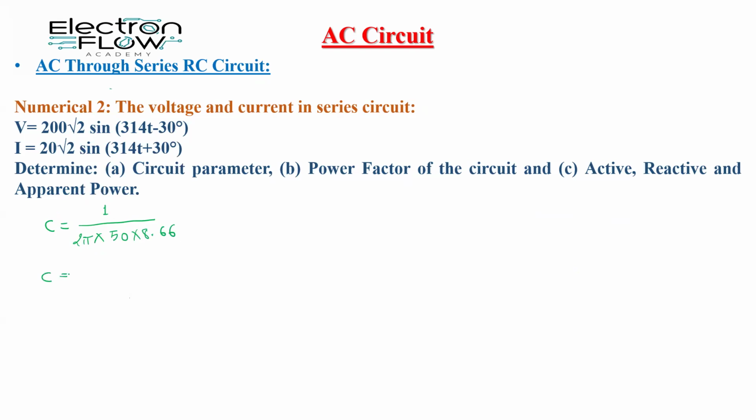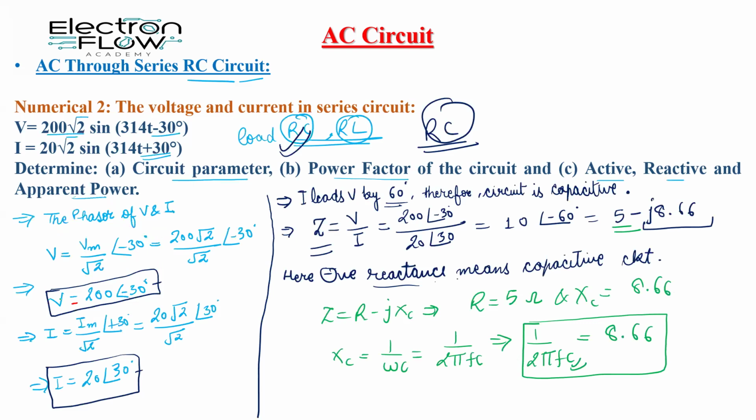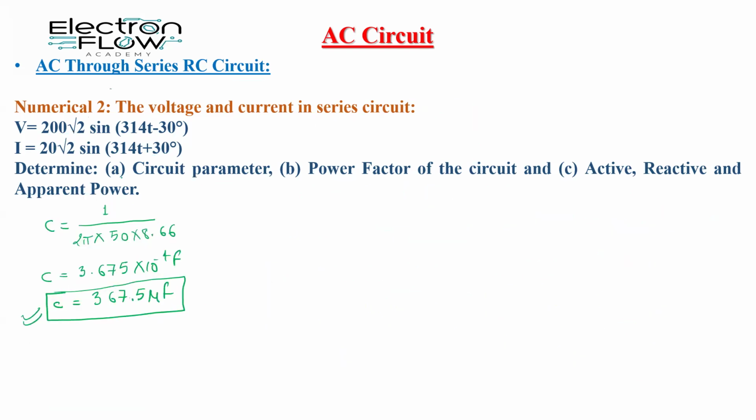After solving this, I get the capacitance as 3.675 into 10 to the power minus 4 farad, or 367.5 microfarad. This is how I have calculated the capacitance and the resistance. The resistance is 5 ohm. So our first point is completed: the circuit parameters, the values of R and C, have been calculated.